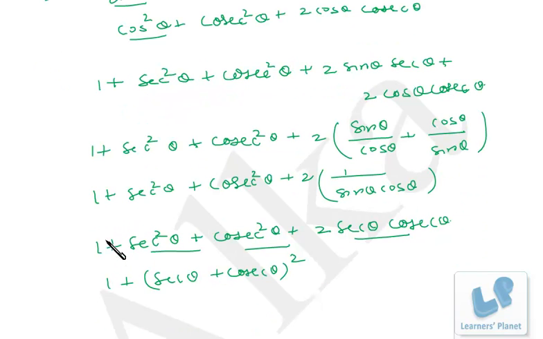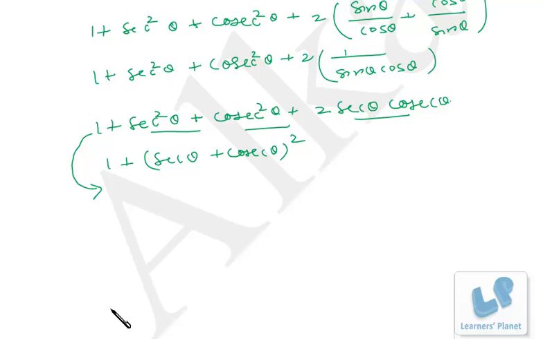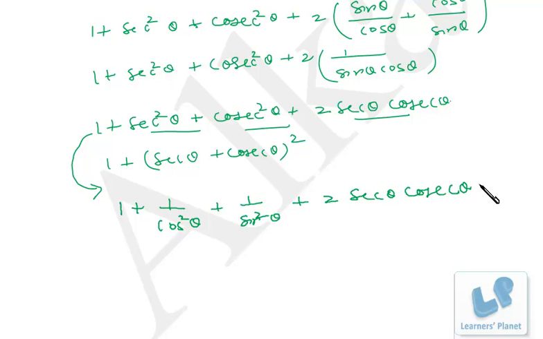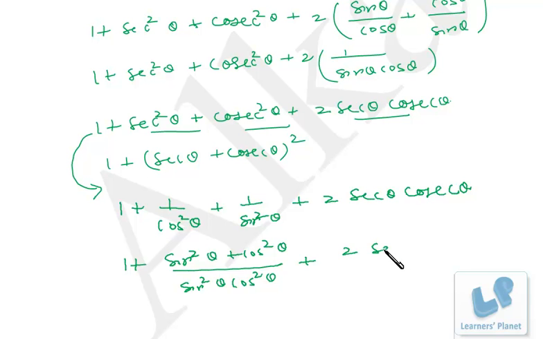After this step, I just write it over here. It's 1 plus 1 upon cos square theta plus 1 upon sin square theta plus 2 sec theta cosec theta, right? Now if we take LCM of these two, we'll be getting sin square theta plus cos square theta upon sin square theta into cos square theta plus 2 sec theta cosec theta, right?